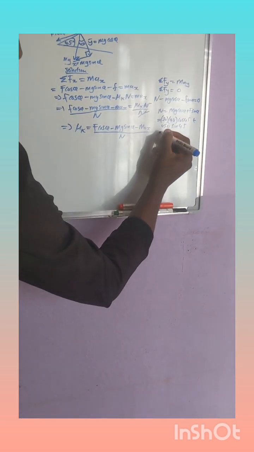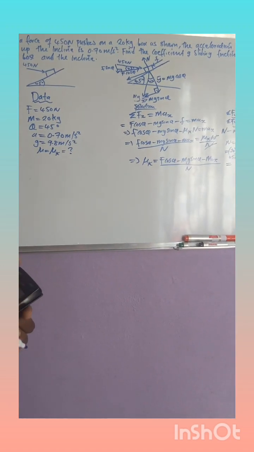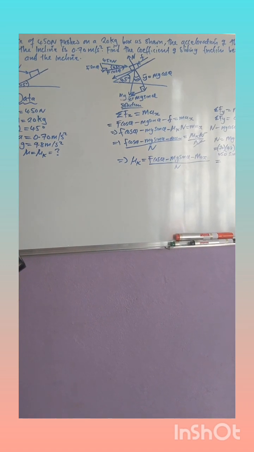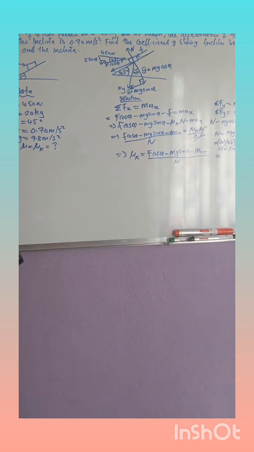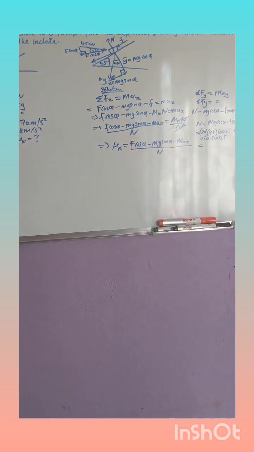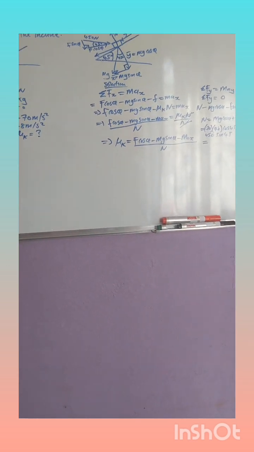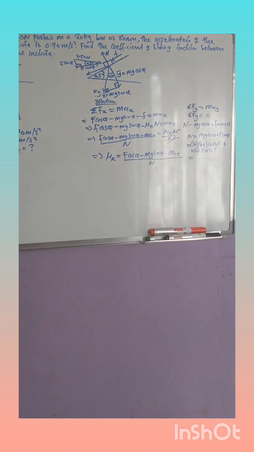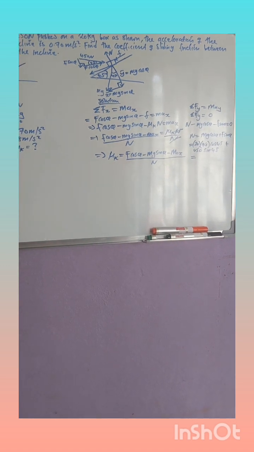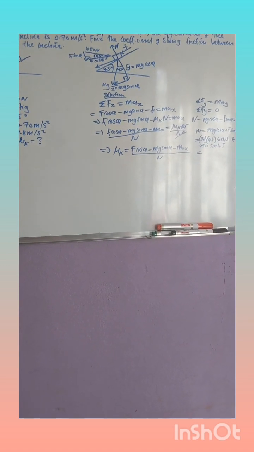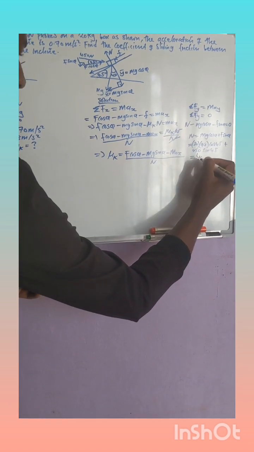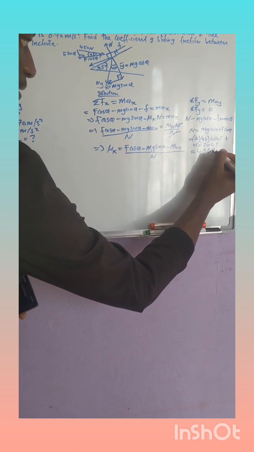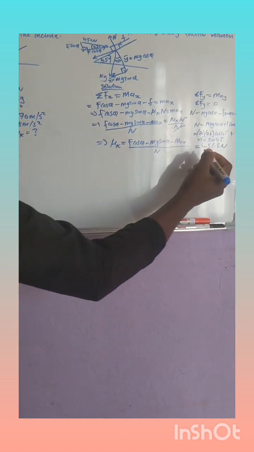Let me calculate on my calculator. 20 times 9.8 cos 45, plus 450 multiplied by sine 45. So we have 456.8 newtons. This is the normal force.